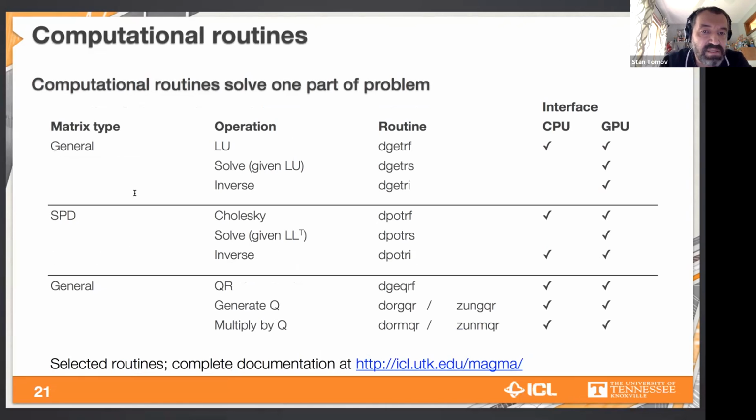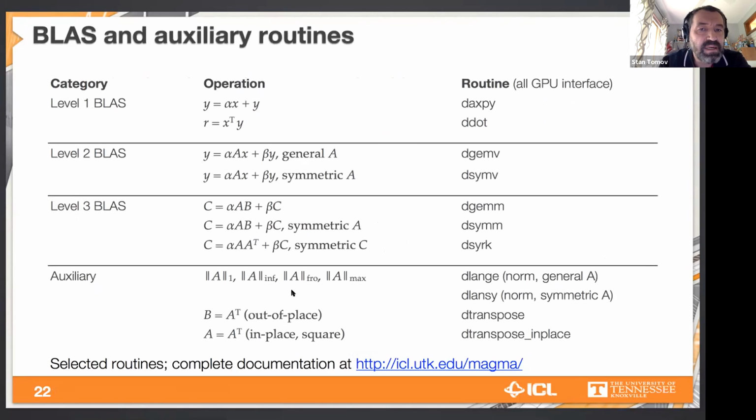So for different matrix types, the operations: LU, solve, inverse, for symmetric and positive definite, Cholesky, and for QR type of factorizations. These are the BLAS and auxiliary routines, level 1, level 2, and level 3 BLAS, again following the BLAS convention, and many auxiliary routines as well.